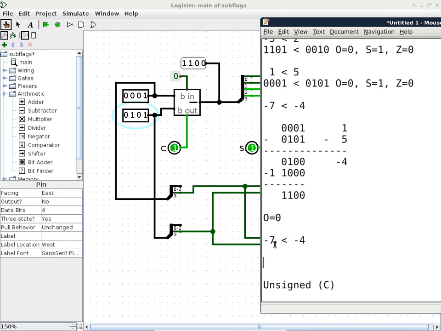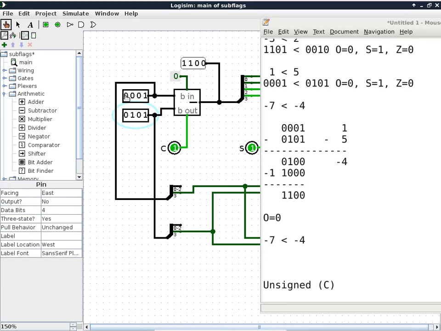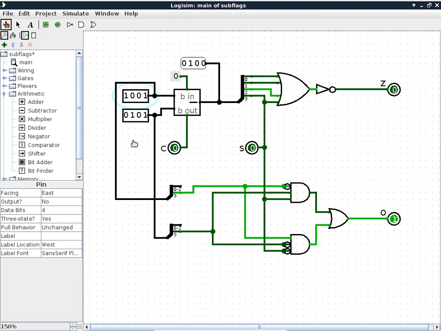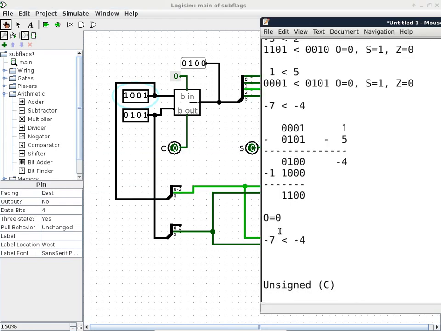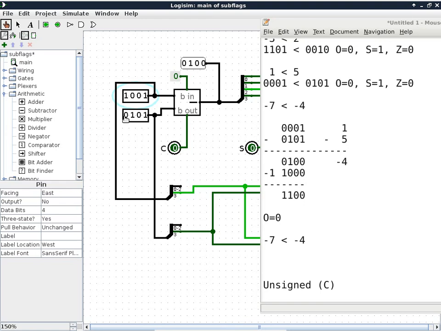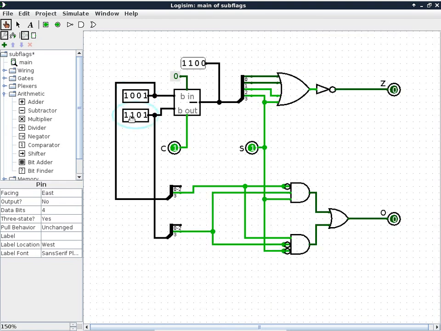What is the representation of -7? It's -8. -8 is 1 followed by all zeros. So -7, which is the next number, is just 1 followed by 2 zeros and a 1. That's the representation of -7. And then the other one is -4. That's -8, right in the middle, right?